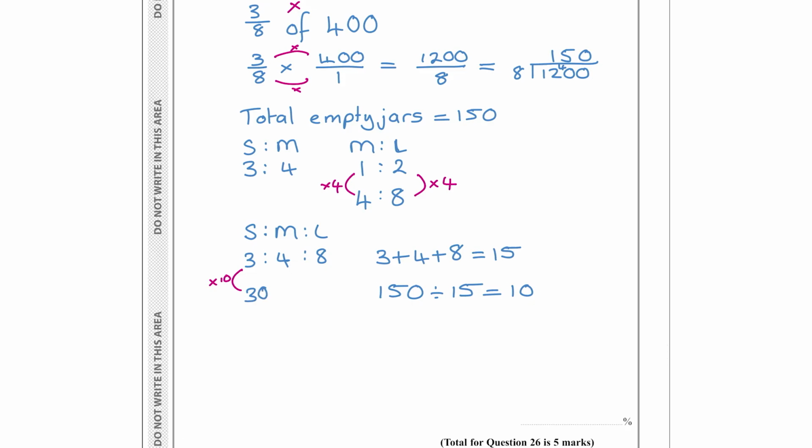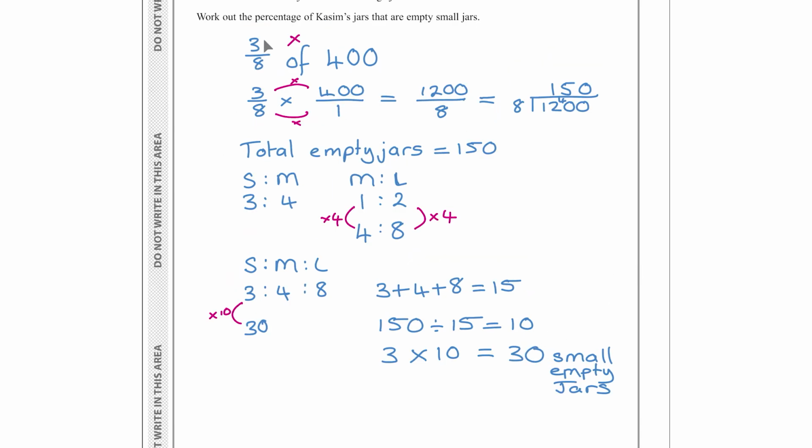We may want to show the maths for that. So 3 multiplied by 10 equals 30. So there's 30 small jars that are empty jars. So we can make a note, small empty jars. And they want what percentage of Kasim's jars are empty small jars.